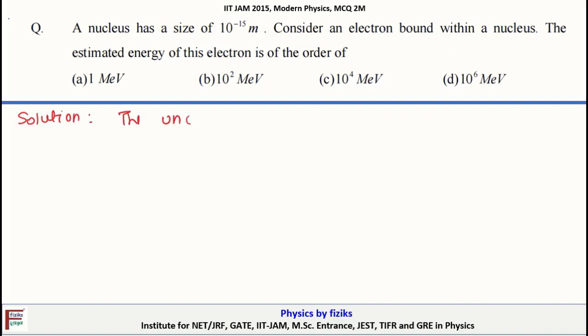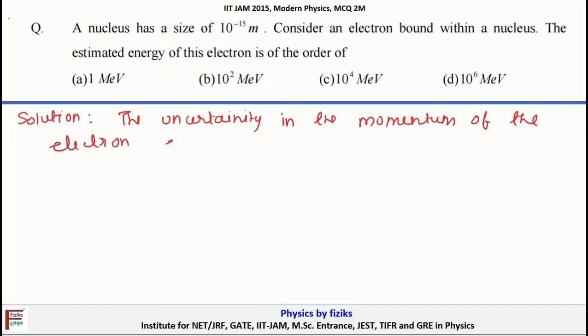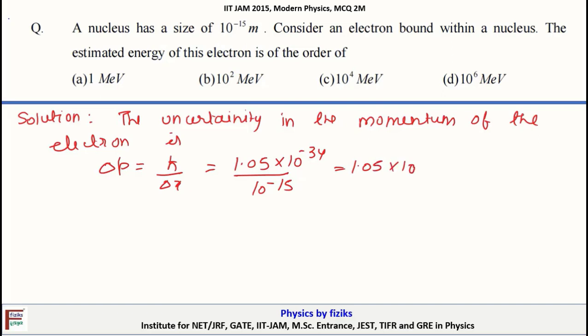The uncertainty in the momentum of the electron is delta P equals h cross by delta x equals 1.05 into 10 to the power minus 34 divided by 10 to the power minus 15, equals 1.05 into 10 to the power minus 19 kilogram meter per second.